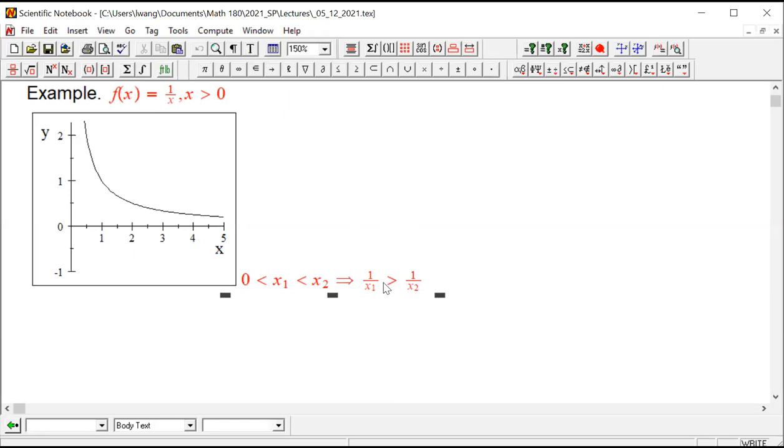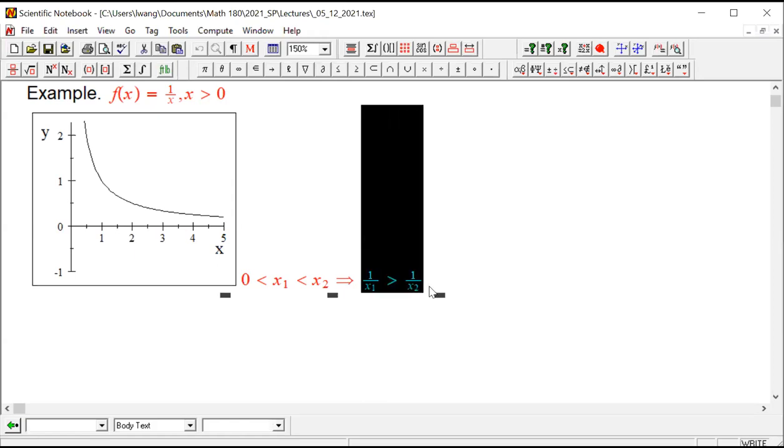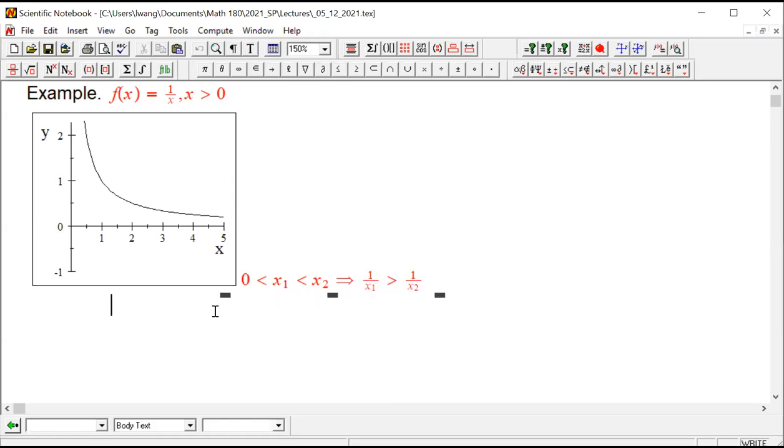So it is indeed a decreasing function. If you know the output has this relationship, the input will have the reverse relationship. So for a decreasing function, we cannot do what can be done for an increasing function. Is that clear, everybody?